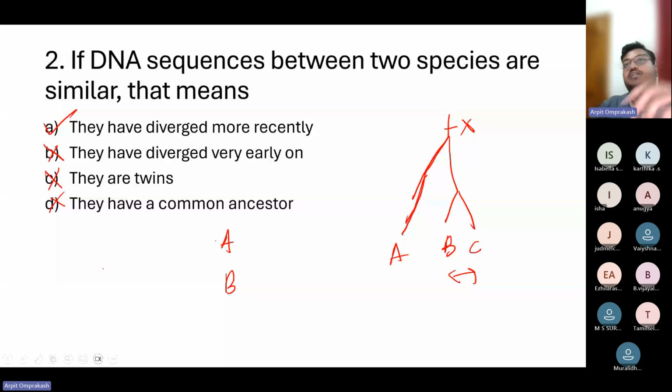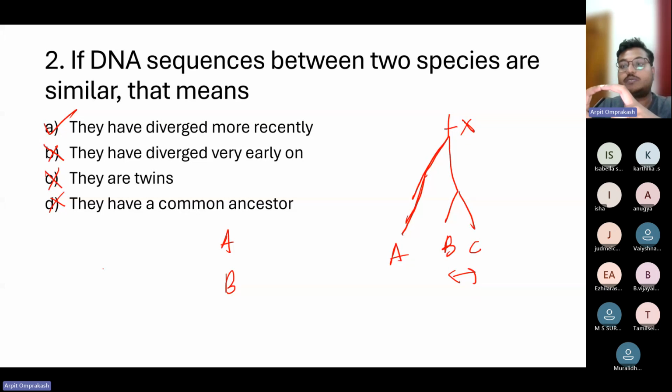So, for example, if you think of birds and bats, both of them have wings, but they don't have a recent common ancestor because of their wings.